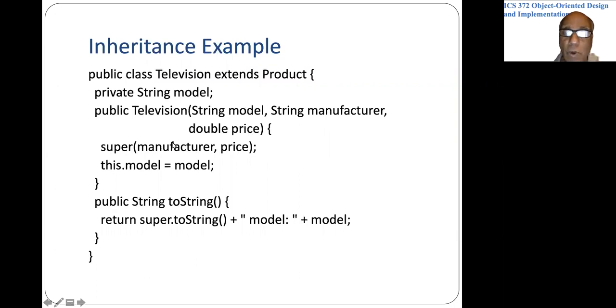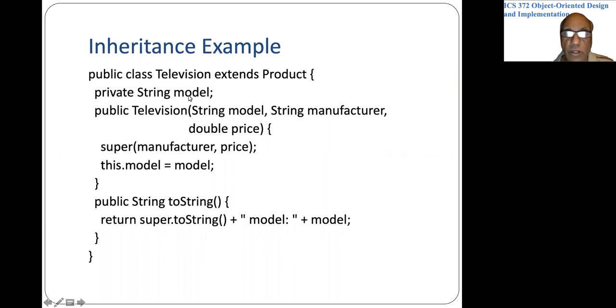I could have passed the model here, but that wouldn't make any sense. Java will take it, but it will not be correct. But if I put price comma price or something, then price is not a string, so this superclass constructor call will not be compiled.